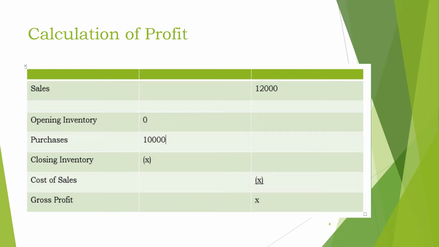So on our accruals basis, on Sally, we have purchased these printers. From memory it was 10, wasn't it? So you purchased 10 and you sold 10, so your closing inventory is 0. Your cost of sales, therefore, is 10,000.